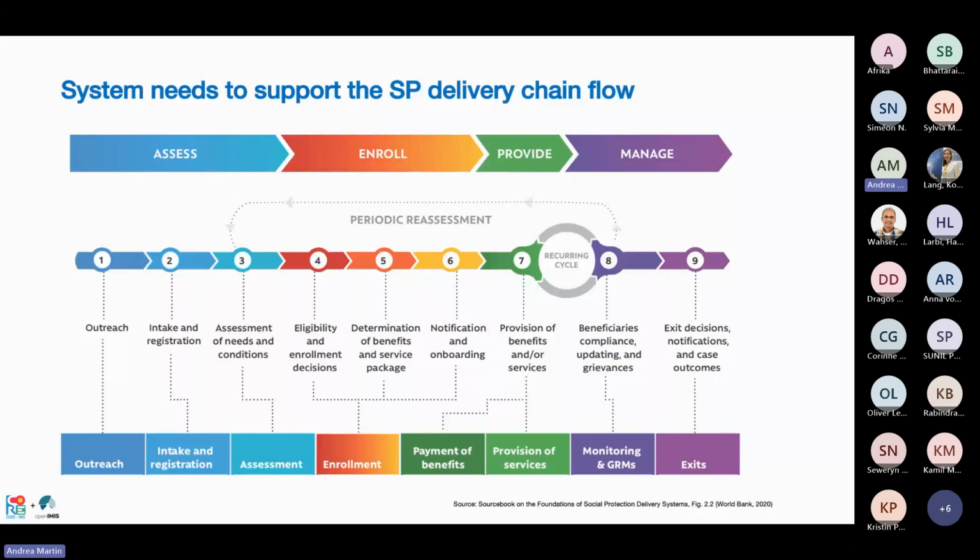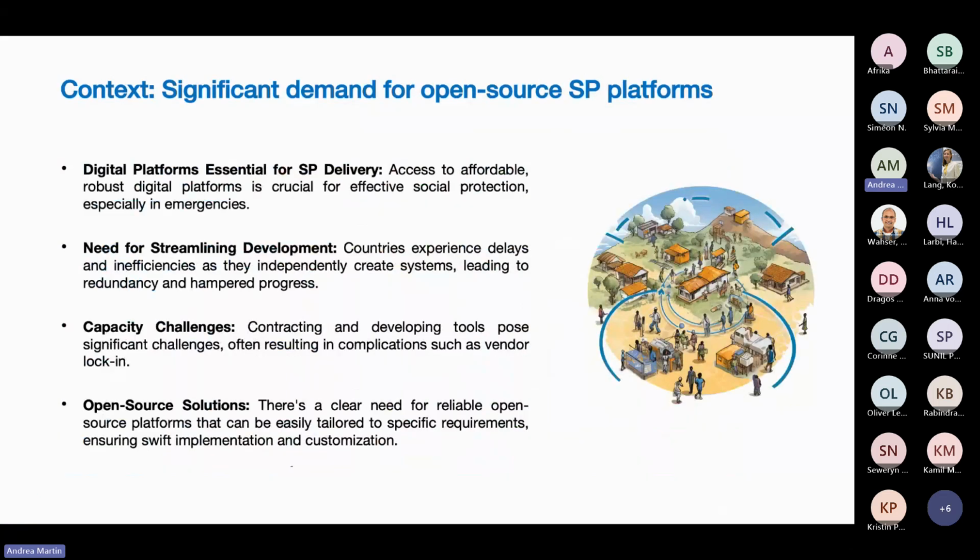And the last step is basically the exit decision, which is to graduate people from a program, or basically exit them once a certain period or certain conditions have materialized. So this is basically the context of social protection.